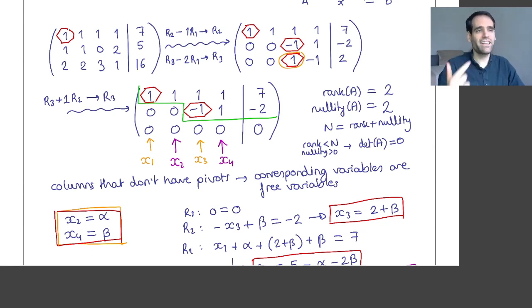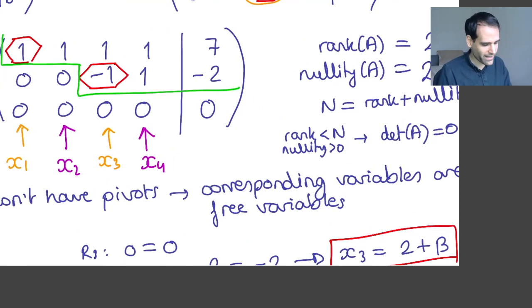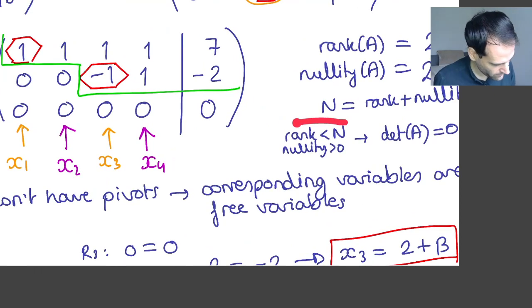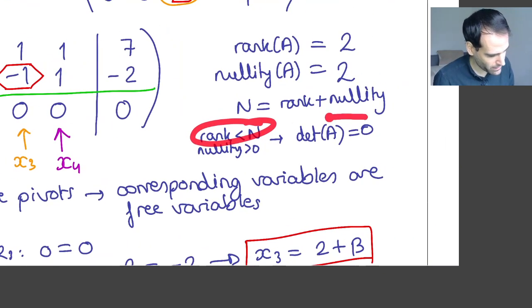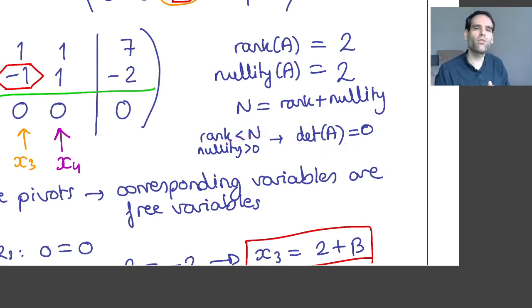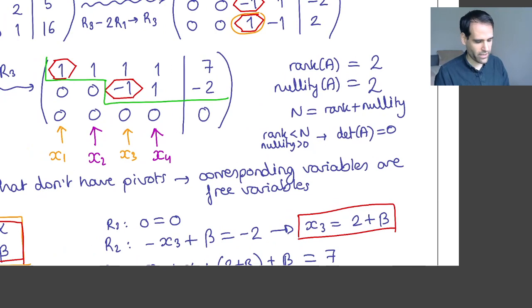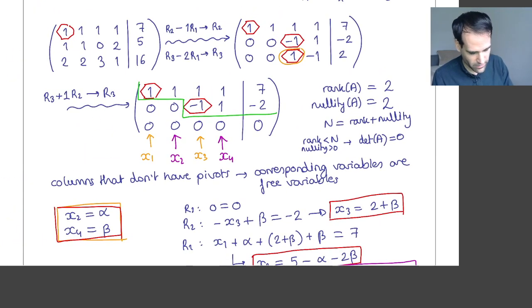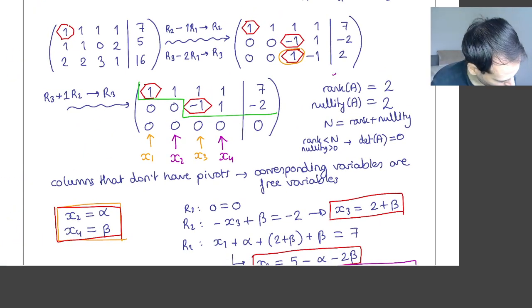And if matrix A has an inverse, then x has a unique solution, not infinite solutions like we found. So since the rank is smaller than n, it means that the determinant of A is 0, and this is a singular matrix. That's why we found infinite solutions. So all this information is extra information that we get about A.